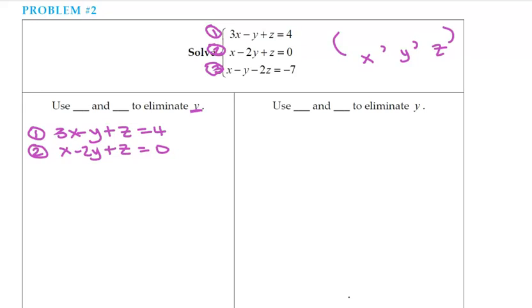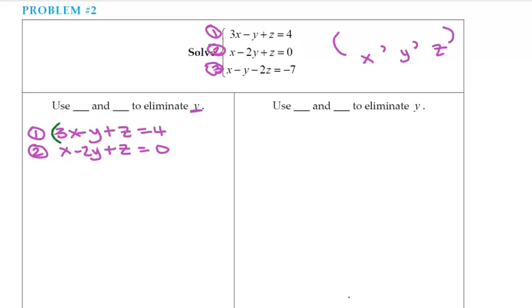So let's think about what we could multiply that first equation by. I'm trying to get the y's to eliminate. Since I have a negative 2y in the second equation, I want to make this a positive 2y, and it's a negative y.